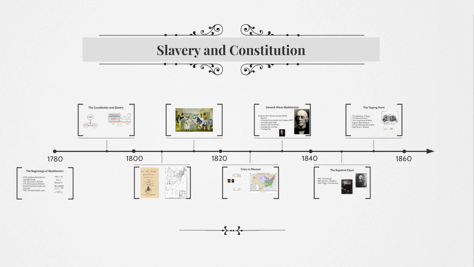And I've brought us back here to this timeline so you can think about this in conjunction with the Week 9 lecture on the history of slavery and constitutional issues. Precisely how, by 1857, politics and constitutionalism and law had essentially reached an impasse.